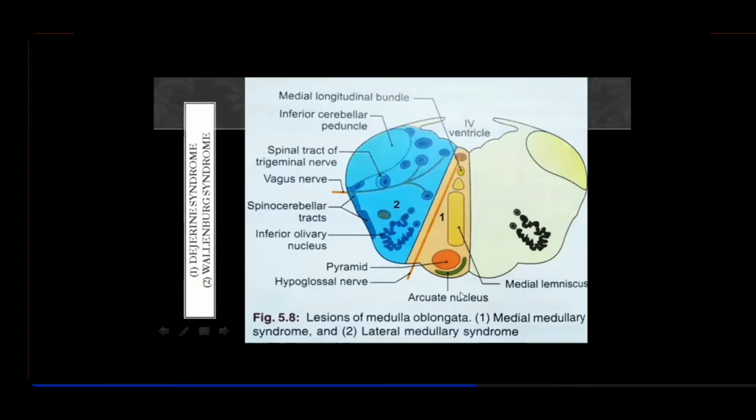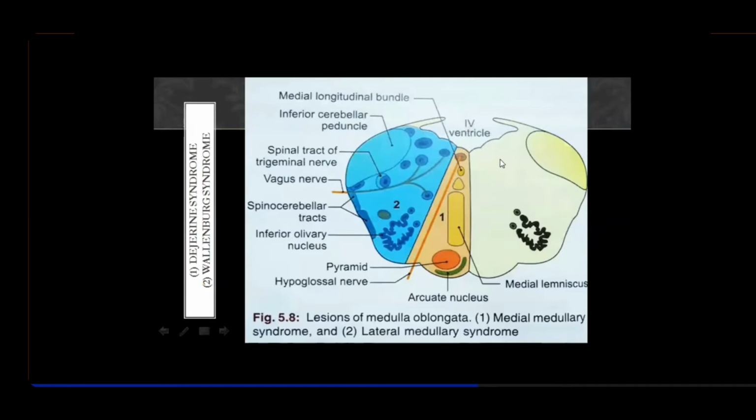The difference here is that on the dorsal aspect you have the fourth ventricle, so there is no direct supply to this portion.